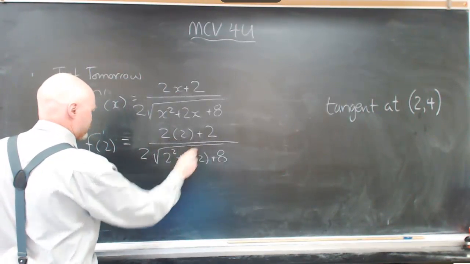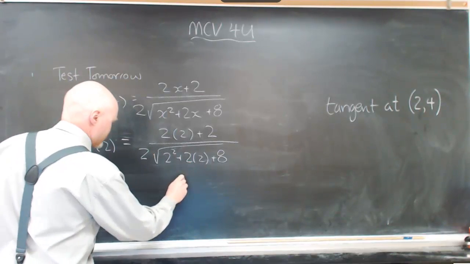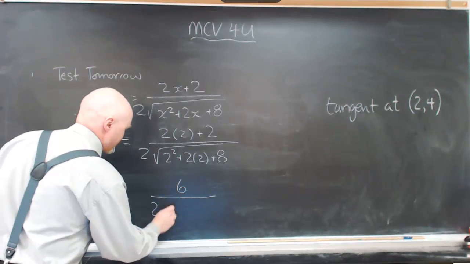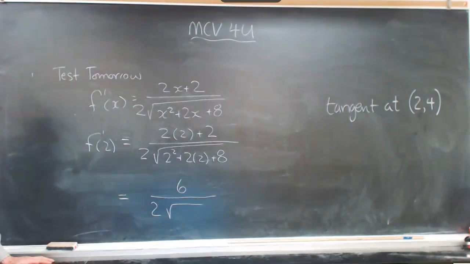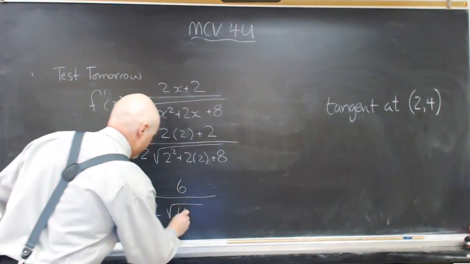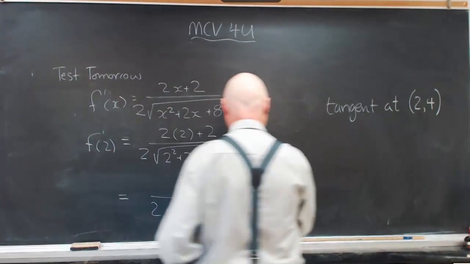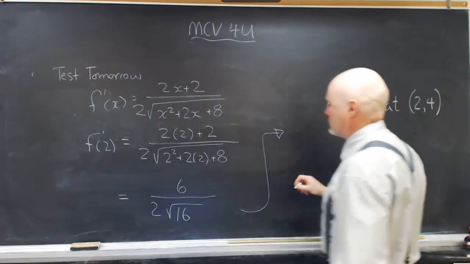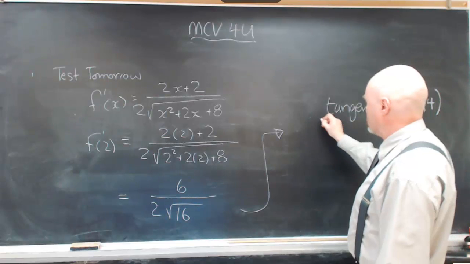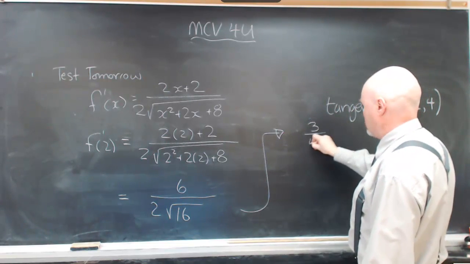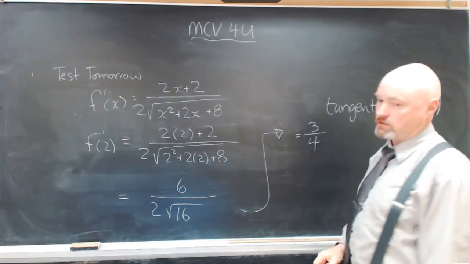Two times 2 is 4, plus 2 is 6 over 2. And this whole thing in the square root, that's 16, isn't it? Yep. Nice. So it's 3 over 4, so our slope is 3/4.